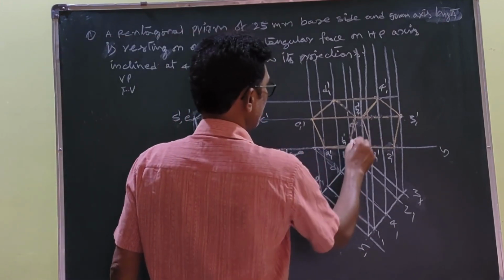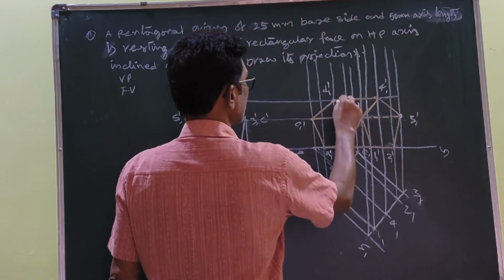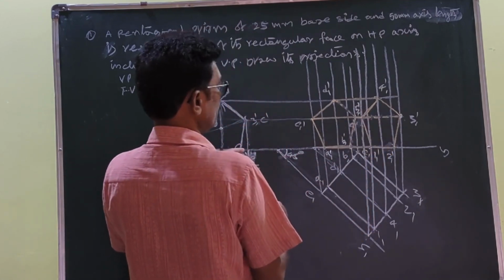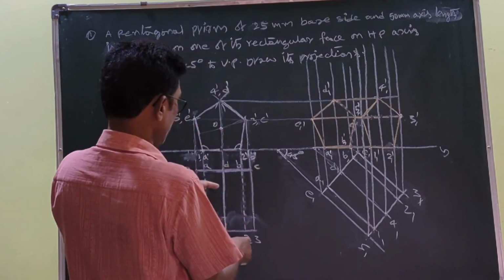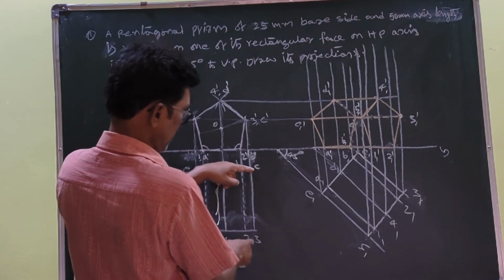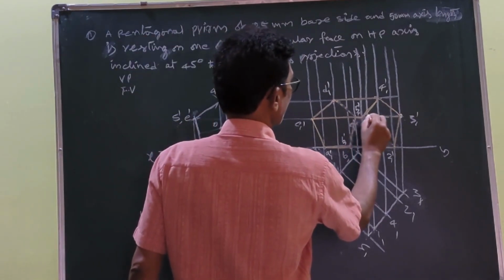So this is the CB not visible dotted line. CD is the not visible dotted line. And here on the back side, 5 to 3. Where is 5 3? C5, C3. This is not visible.